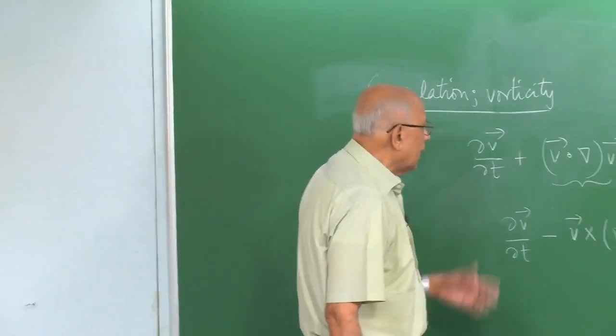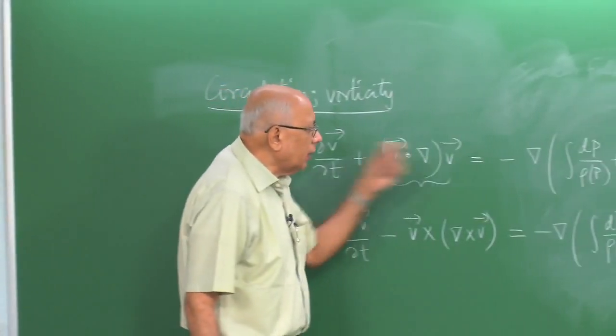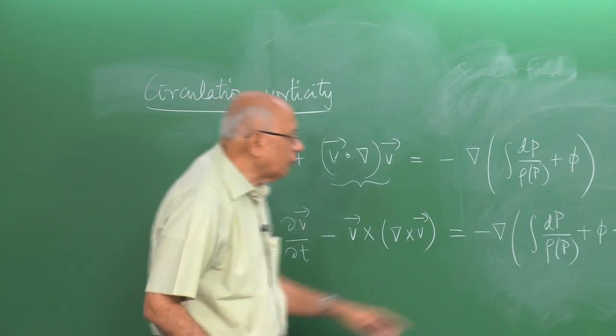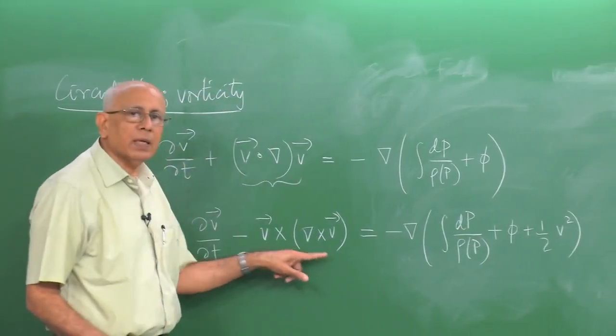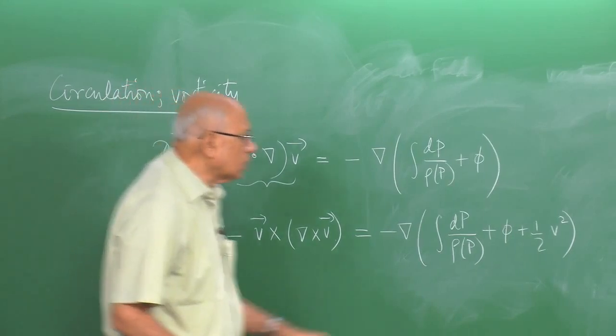So, the statement is v dot del v is the gradient of half v squared, which I bring to this side, minus v cross the curl of v itself.